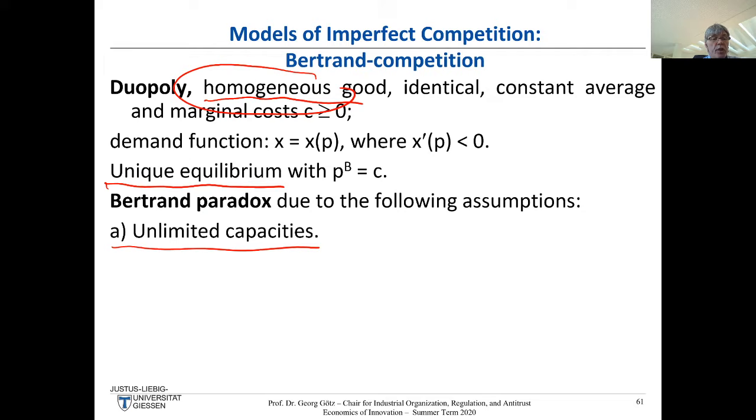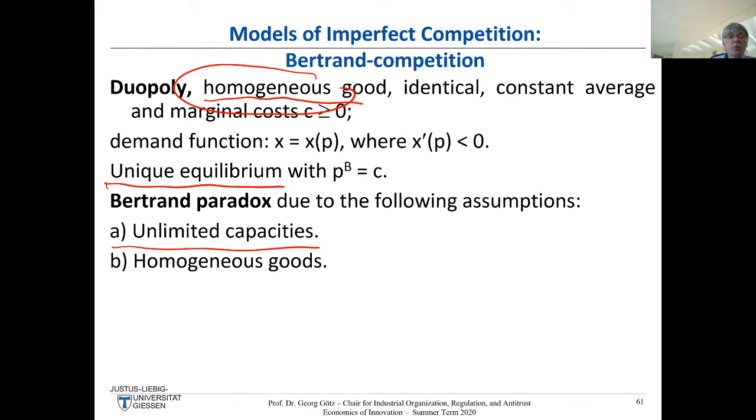The Bertrand paradox requires that in equilibrium, if you have a duopoly, each firm will actually have about half of the market in terms of demand. But in order for this undercutting process to work, it has to have the full market capacity. So it has to have 100% excess capacities. If capacities matter, we get into the Cournot model, and this is what I will present to you later.